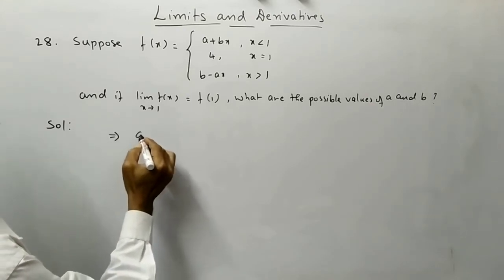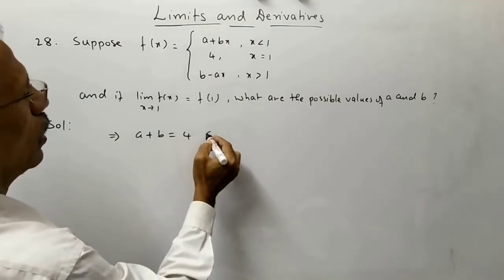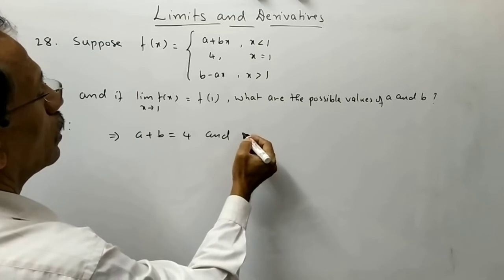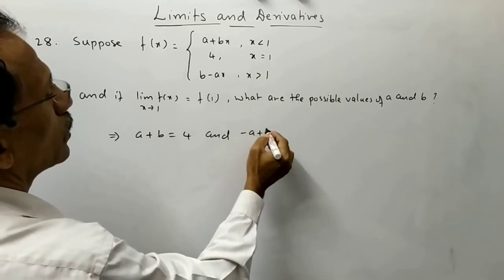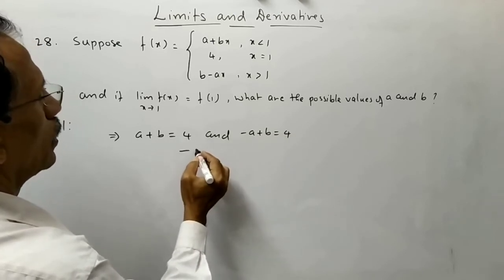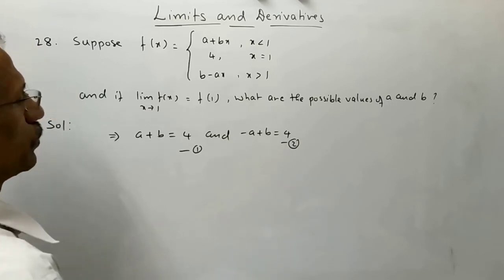This implies a plus b is equal to 4 and minus a plus b is equal to 4. Call these equations number 1 and number 2.